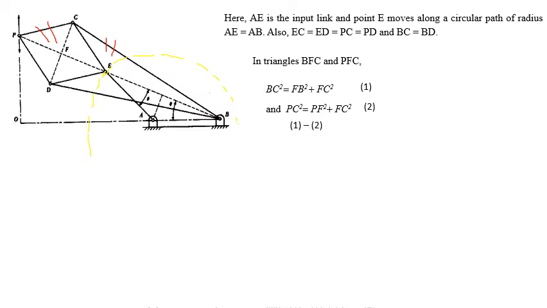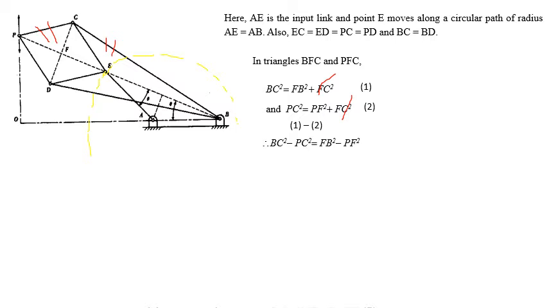Now subtract equation 1 and 2. So BC square minus PC square is equal to, FC is common, therefore FC square gets cancelled. The remaining terms are FB square minus PF square.